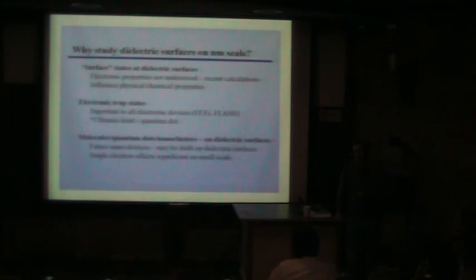And so our efforts are aimed at really trying to characterize these traps on an atomic scale. And with the spin capability, we may be able to actually do a chemical identification using ESR to identify individual traps and trap distributions in a dielectric surface.